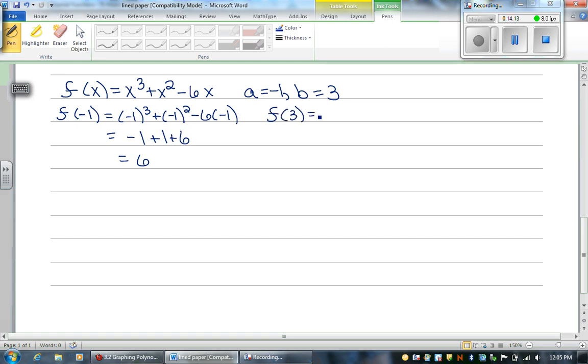Now we're going to find f of 3, which gives us 27 plus 9 minus 18, or 27 minus 9, which is 18. Okay. Since these are both positive, we cannot say that there is a real zero in between negative 1 and 3.